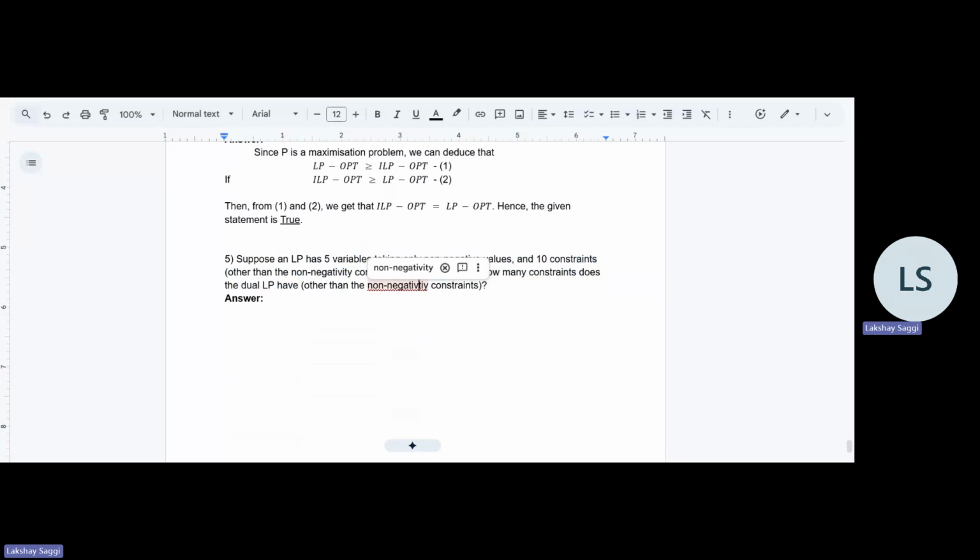So if we are talking strictly about the constraints excluding these non-negativity constraints, then the question makes a bit more sense. If the LP has 5 variables and 10 constraints, then the dual LP, excluding the non-negativity constraints, here also we excluded the non-negativity constraints.